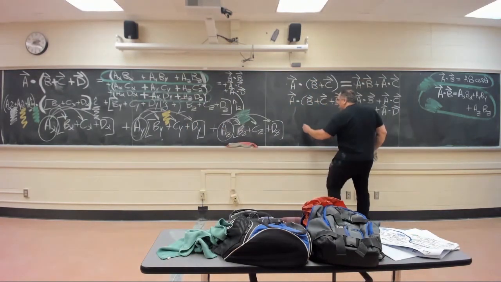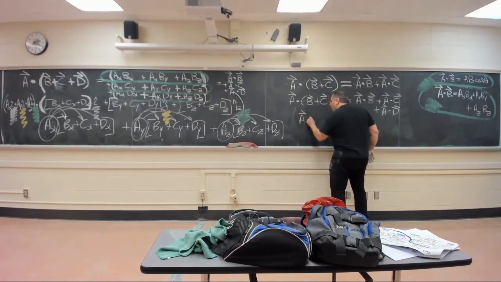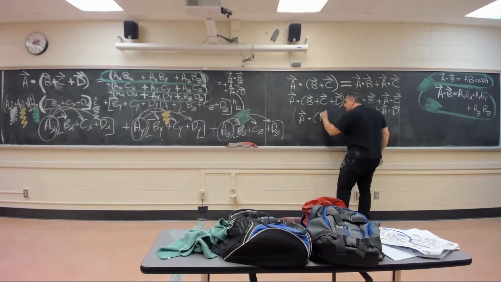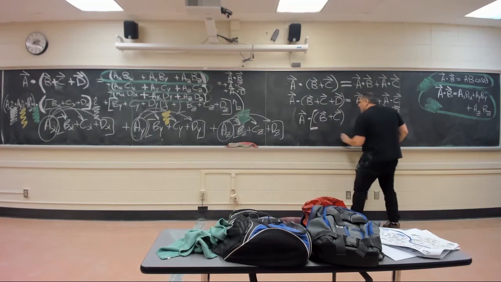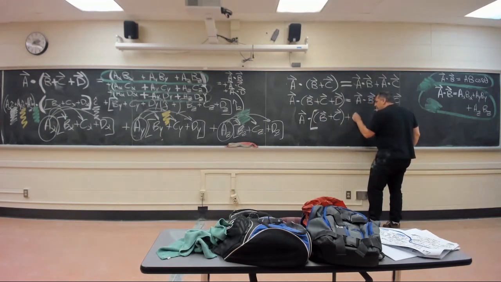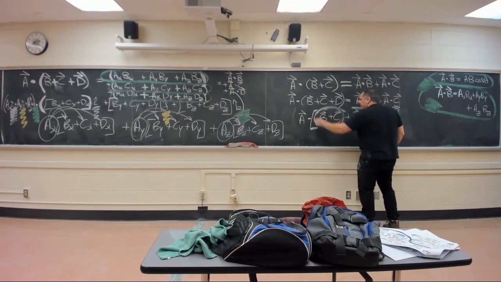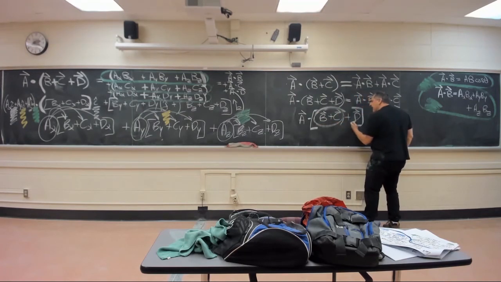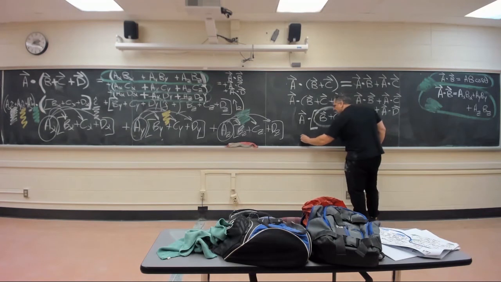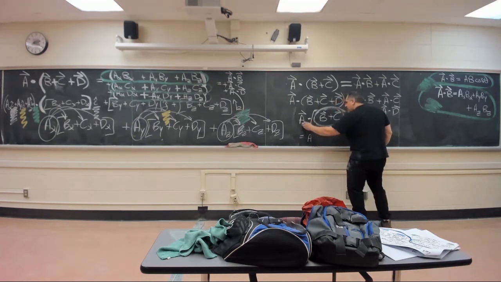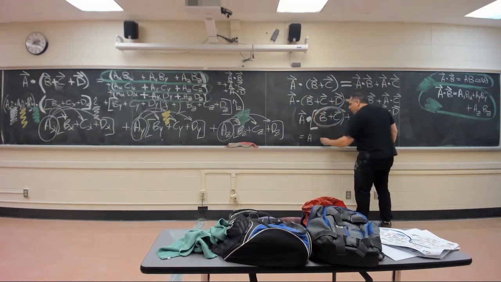You could have taken this, and since you already proved this, you proved that's true. Since that's true, tacking on another vector here, you could treat this as a single vector and then tack on this one. We already said it would come out to the dot product of B vector plus C vector.